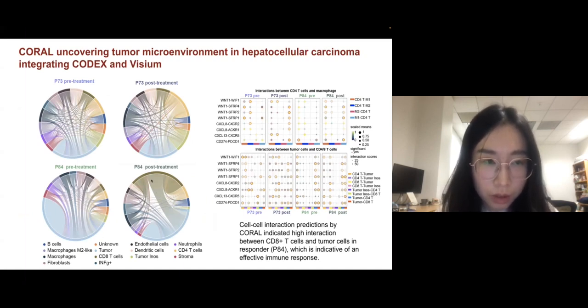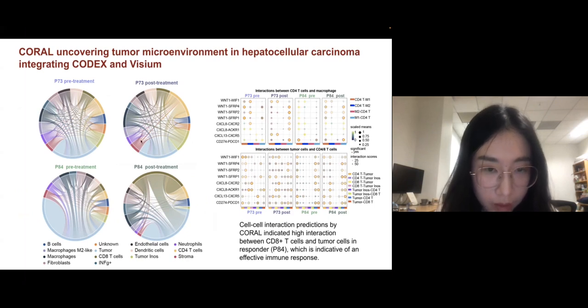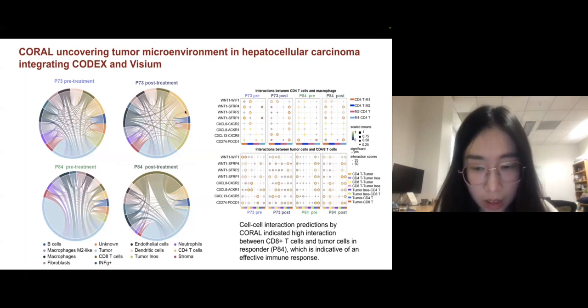The responders versus non-responders are mostly related to interaction differences, and we see that the tumors interacting with CD8 T cells correspond mostly to responders. But in non-responders, instead of CD8, they are mostly related to CD4, which are more related to regulatory T cells, or immunosuppressive T cells instead. So this probably gave us some answers about why some of the patients are not able to respond to this immunotherapy.